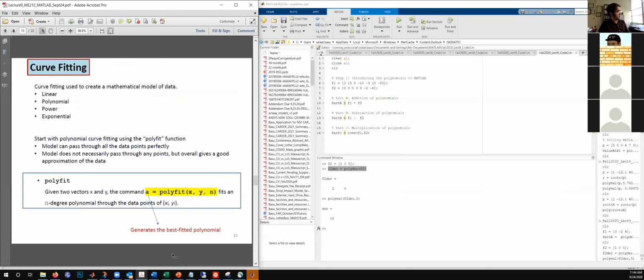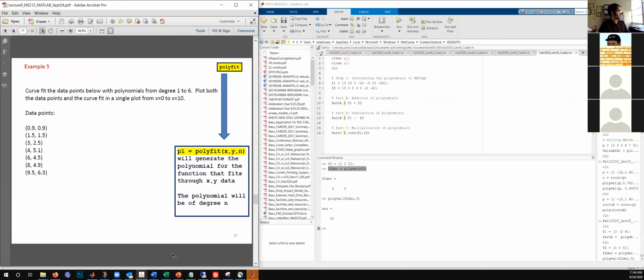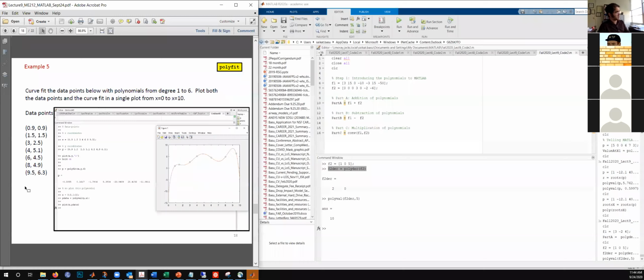So let me give you a very quick example of that. So suppose these are the 1, 2, 3, 4, 5, 6, 7 data points that you are working with. And you are trying to generate a curve that looks like this. So basically you are trying to generate a curve that passes through all those 7 data points.